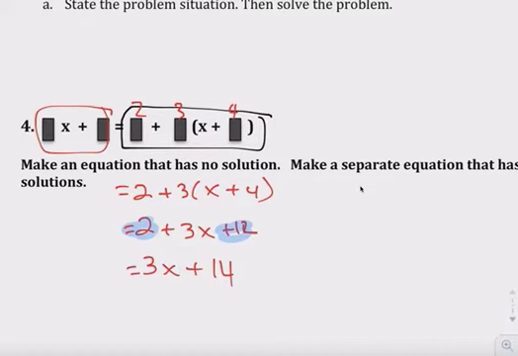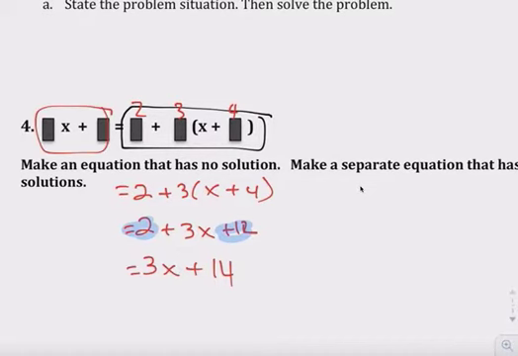You solve this, minus 3x is 0, 2 does not equal 14. That's one of them. Okay, now that's no solution.